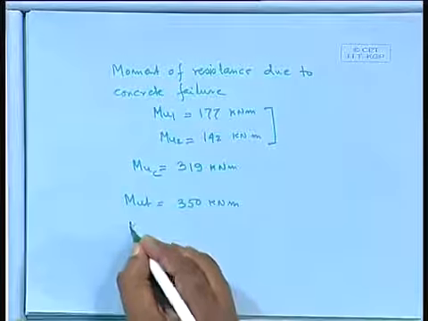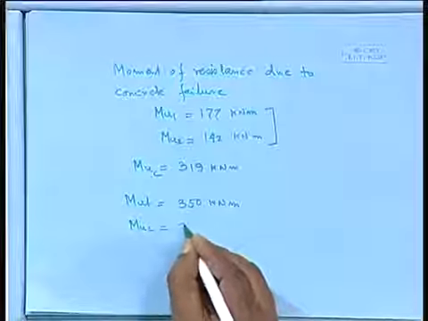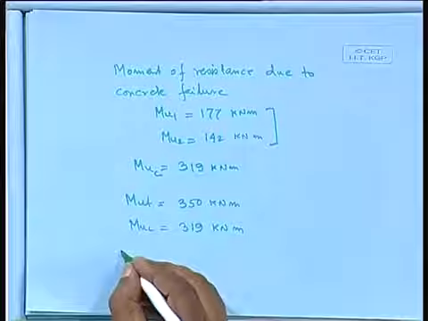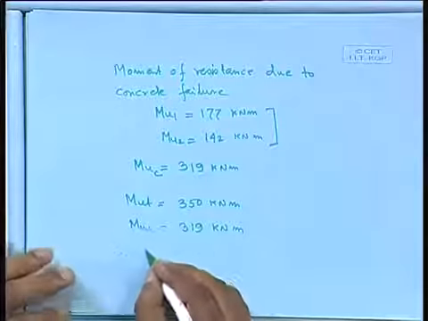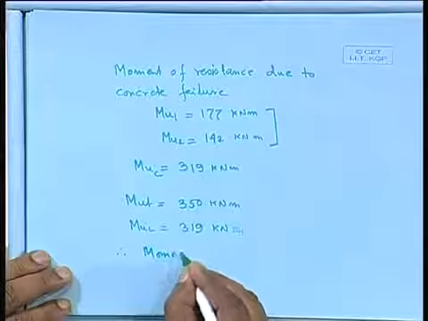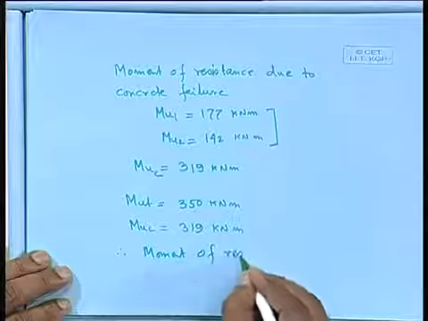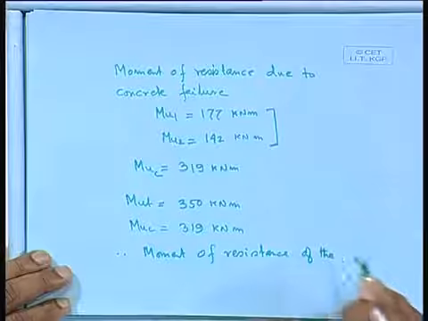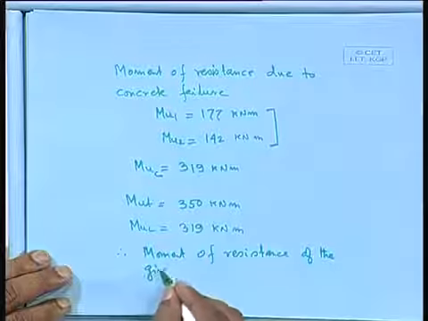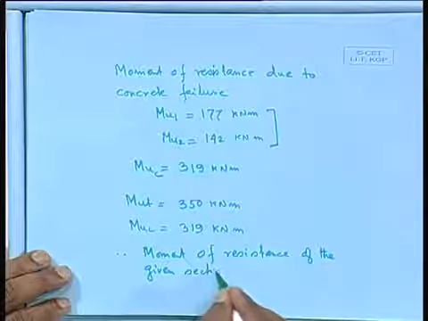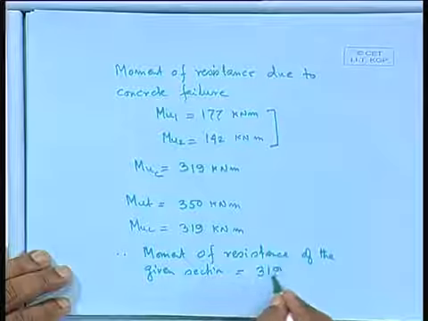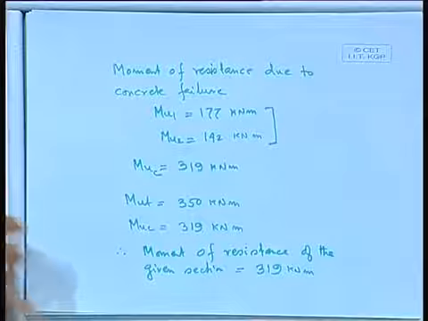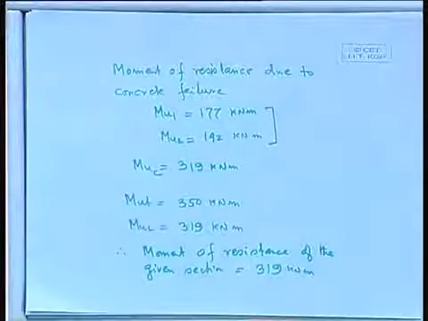Let us say Muc 319 kilonewton meter. Therefore, moment of resistance of the given section is 319 kilonewton meter. That is what we have to find out.